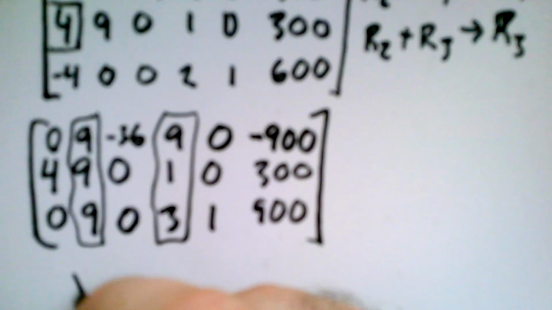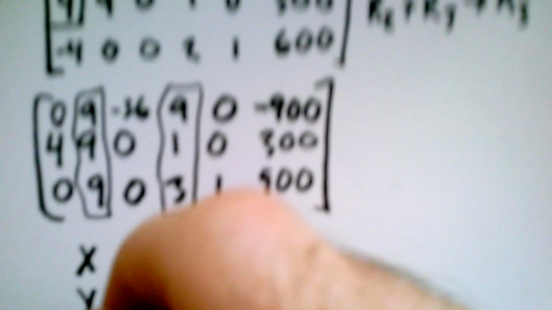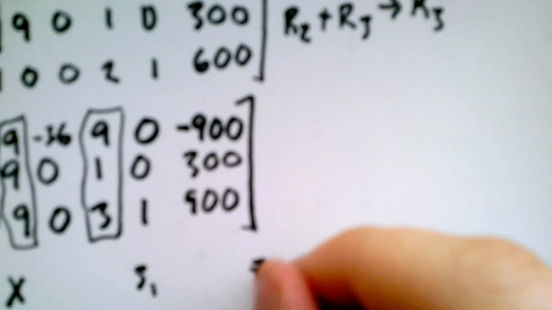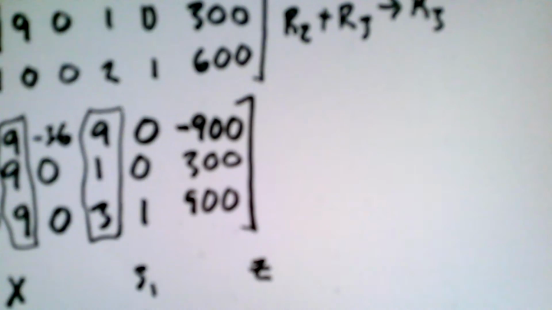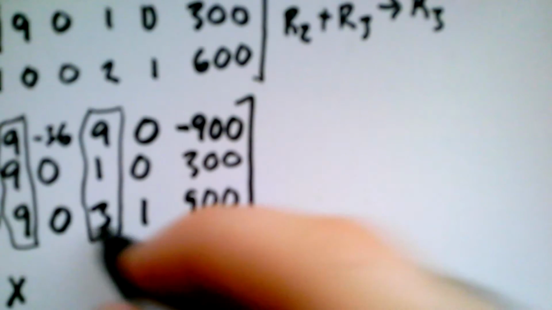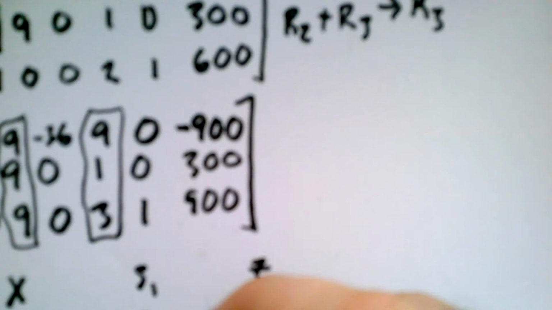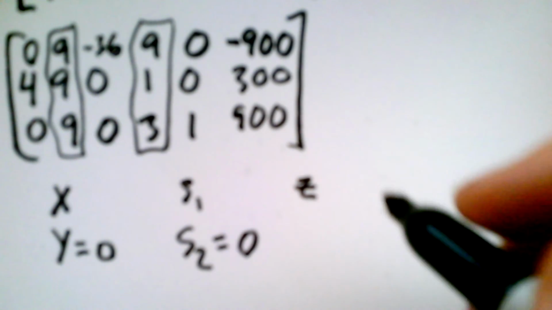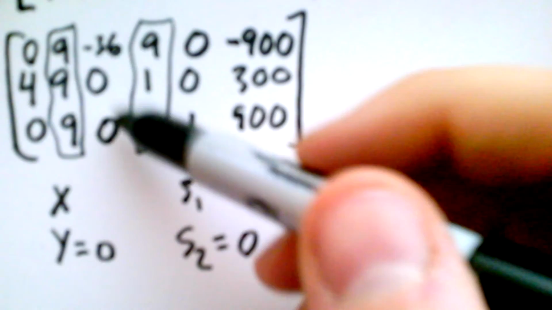So we have x, y, s1, s2, and z as our variables. And what we know is that y is 0 and s2 is also 0. Now for our other variables, those are the ones that are called basic variables.